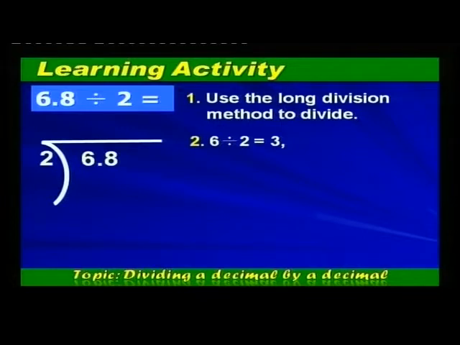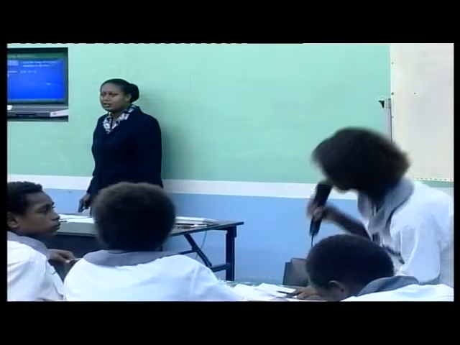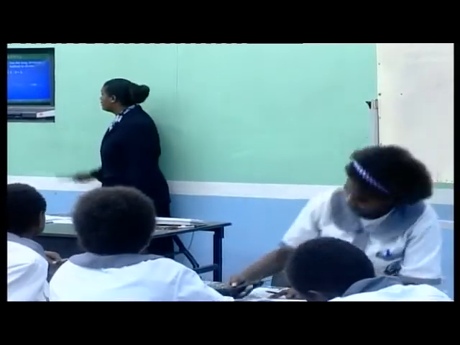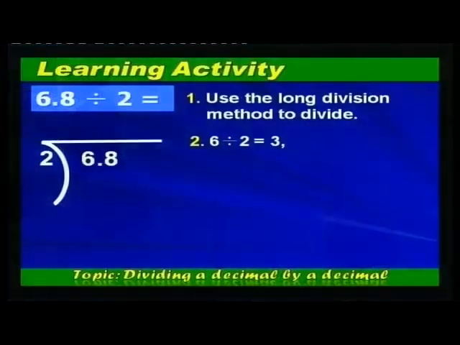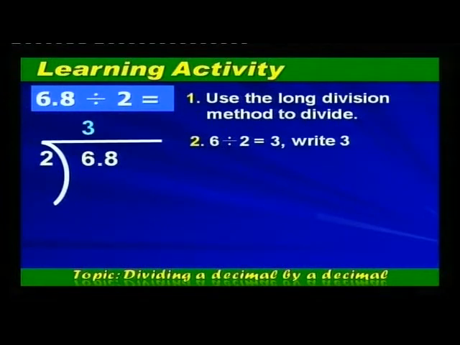So the first number we will divide, 6 divided by 2 is equal to 3. So you will place 3 in, what is this area representing? Anyone? Yes, Lorraine? Where will I place 3? Quotient. Excellent. In the quotient.